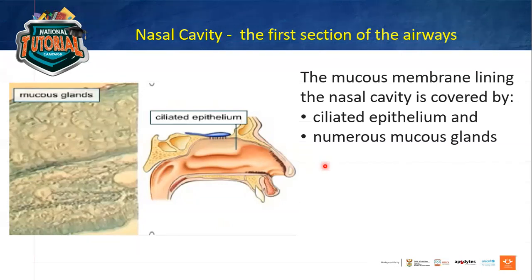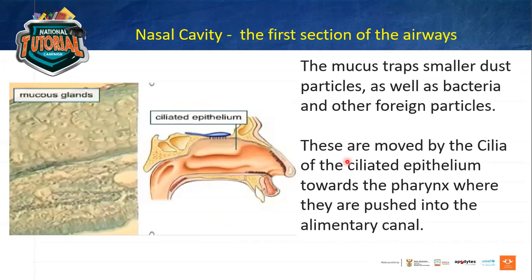No, it is also another body defense mechanism, because it is covered by what? By ciliated epithelium, as well as numerous mucus glands. The mucus glands are the ones that secrete the mucus. And then you also have this ciliated epithelium that you find there. We are still inside the nasal cavity.